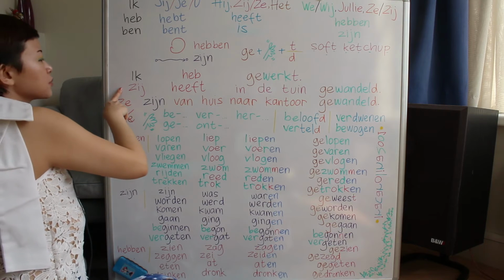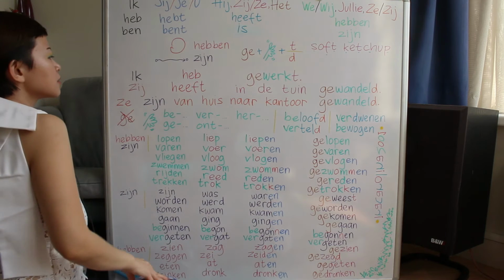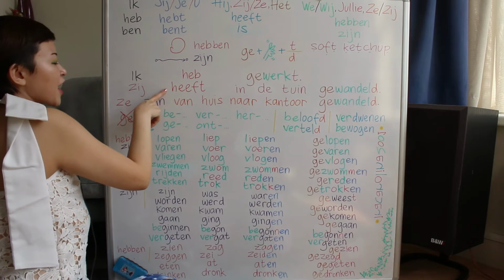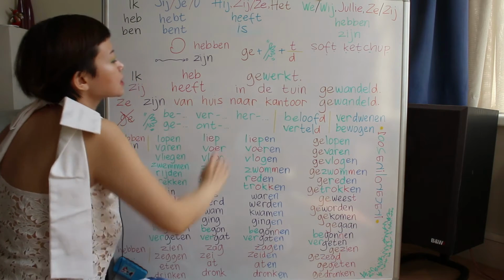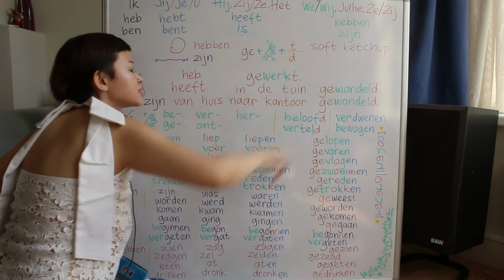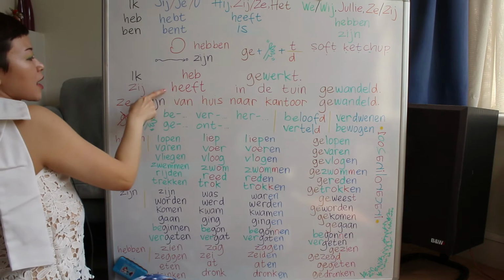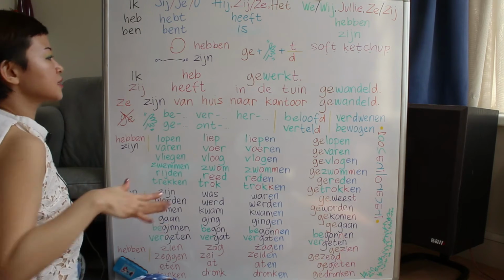Because we use the heeft here, it means this one is she. She heeft, has, in the town, in the garden, gewandeld, walk. We use heeft because she walked in the garden.